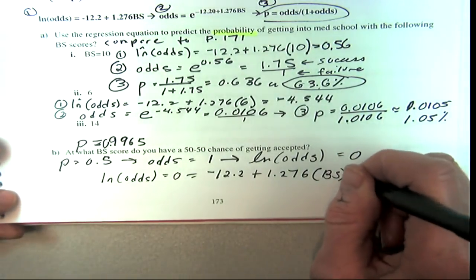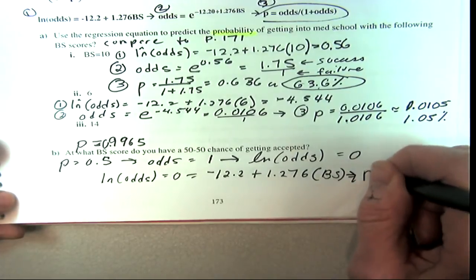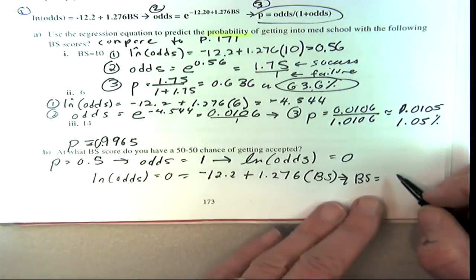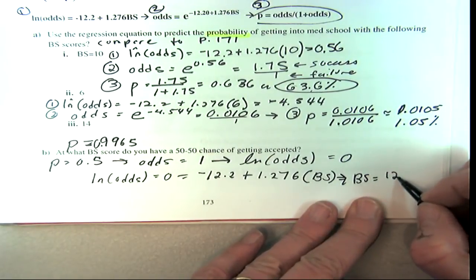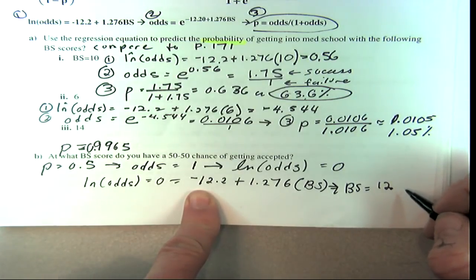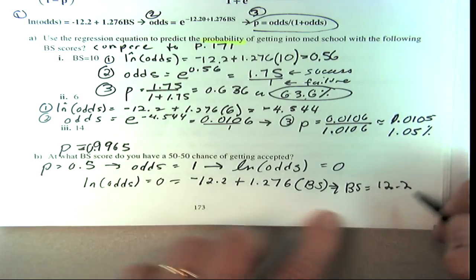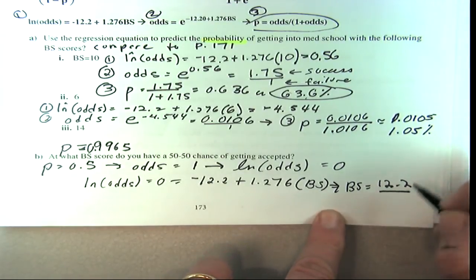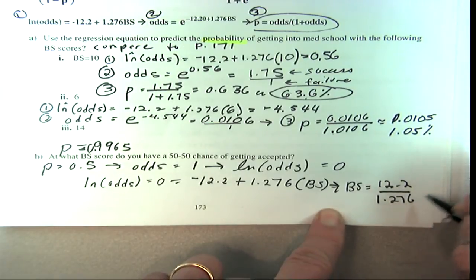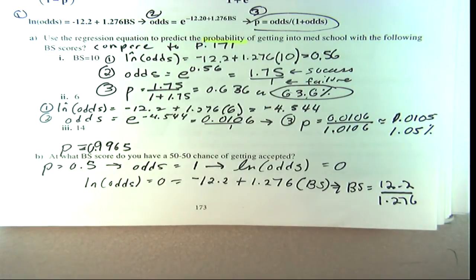So the biological science score would equal what? Would equal 12.2. Did I copy this right? Yeah, 12.2 divided by 1.276.